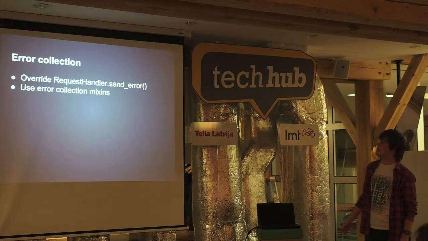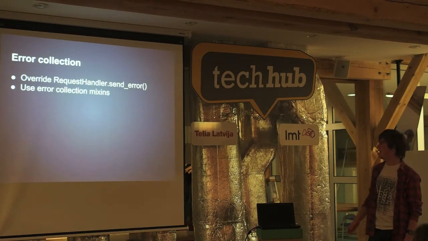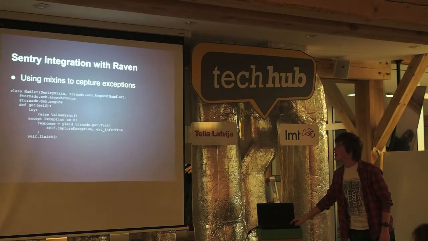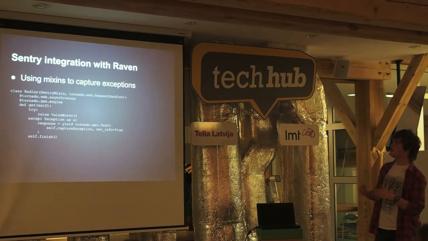And for Sentry, if someone uses Sentry, I don't, they provide an instance to do that, so you can use the Raven library for that, and they provide some mixins, but I don't like the syntax for that, and it's really verbose in my opinion, so I like the send error method better. But yeah, this again is one of the ways you can catch exceptions.